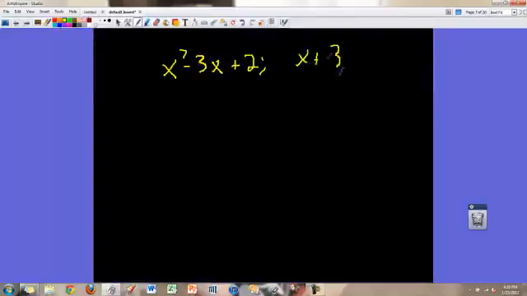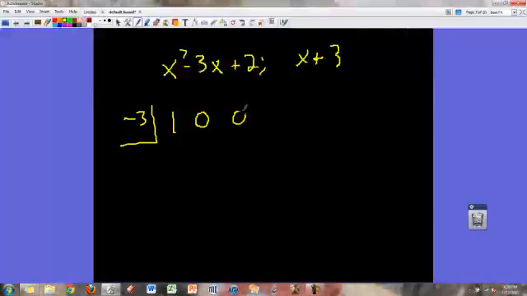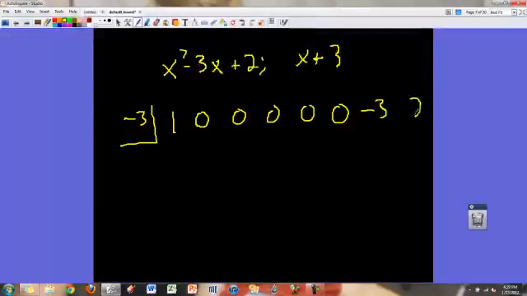Alright, we want to know if x plus 3 is a factor of x to the 7th minus 3x plus 2. So again, let's do some synthetic division. So -3. Now here we are missing a lot of them. We're missing x to the 6th, x to the 5th, 4th, 3rd, 2nd. So x to the 7th, x to the 6th, 5, 4, 3, 2, x to the 1st, and our number.